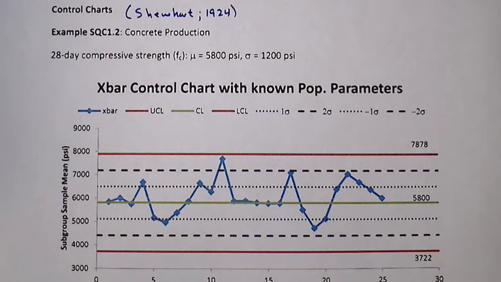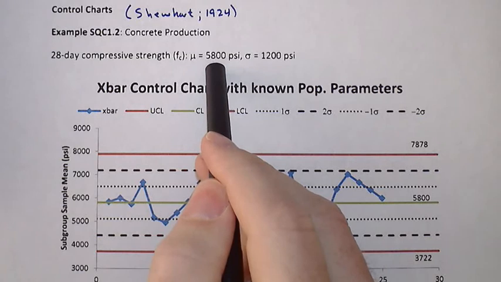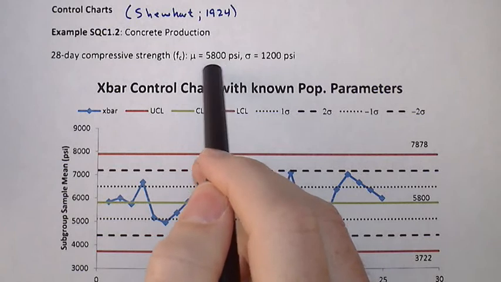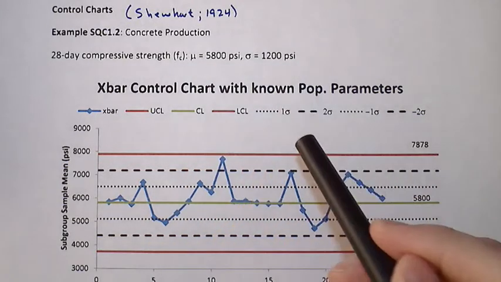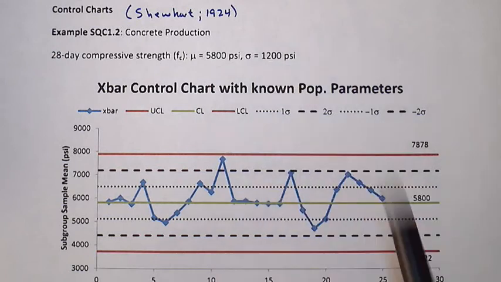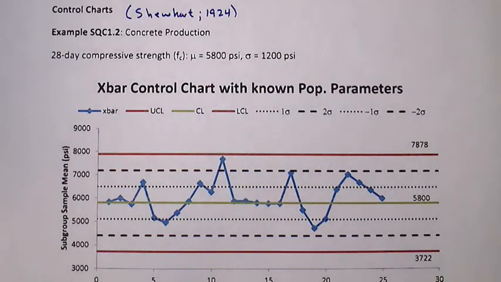Remember that we need 28 days for the concrete to gain strength to our target value, and we're going to take an example from a recipe where the manufacturer, the producer, has a fairly confident understanding that the population mean is 5,800 pounds per square inch, and that the population standard deviation is relatively high at about 1,200 psi. That typically tends to often be the case with concrete, that it's just a more highly variable material from a natural standpoint than, say, steel is.